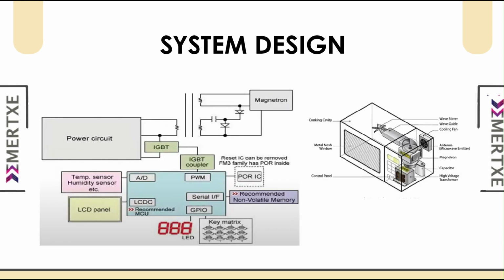This is the system design. I want to explain about the circuit, and there are two types: this is the block diagram, and this is the overview of the micro oven system. I will explain each and every part.